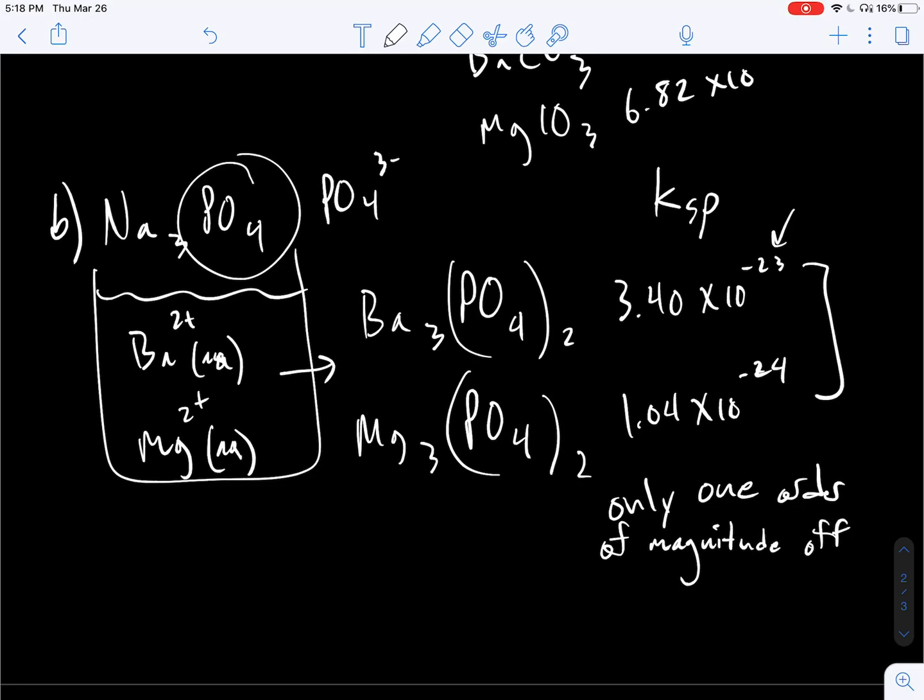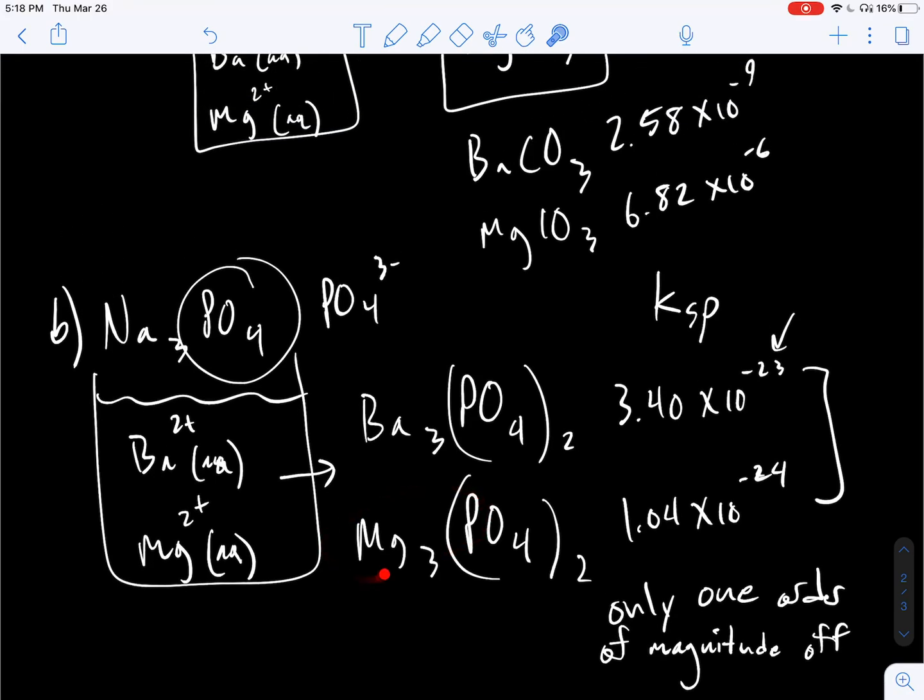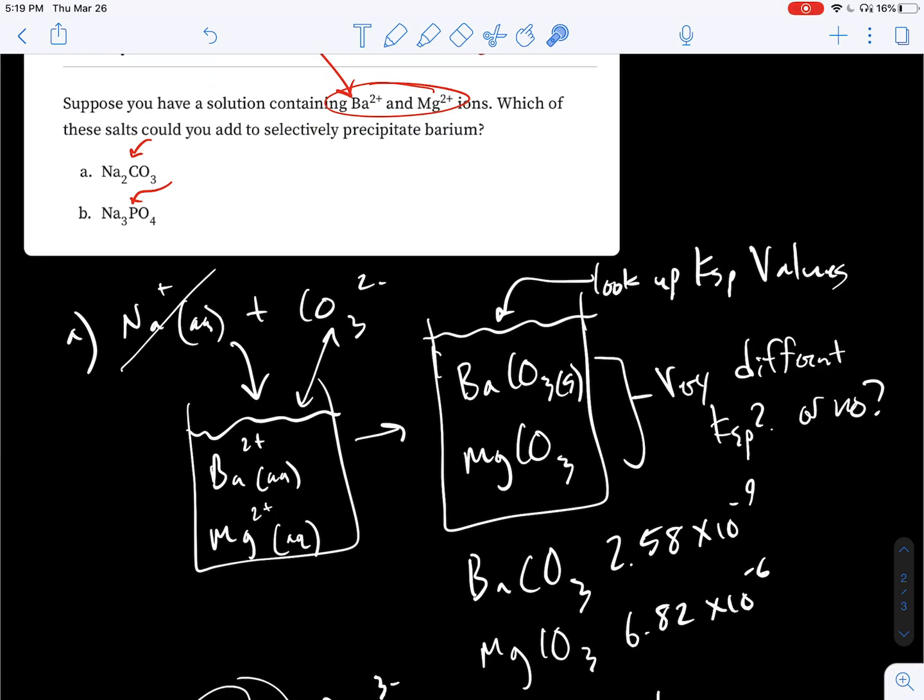So we have to ask the question, are these different enough that this would precipitate out before this one? Or sorry, this one is smaller than this one, negative 24th. This is not a great situation. So you could try this and add phosphate to this, but a lot of this would precipitate out and a lot of this would also precipitate out. So we would rather use the carbonate species.